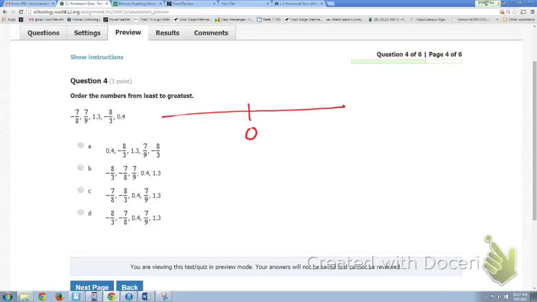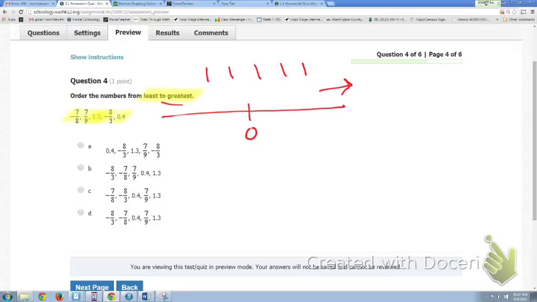If you were to look at each one of these values, so a negative 7/8, a positive 7/9, 1.3, a negative 8/3, and a 0.4, and place them on the number line, which one's going to be farthest to the left, which one's going to be farthest to the right, and in what order do the rest of them come? If you're able to put these correctly on the number line, then this is going to be in order from least to greatest.